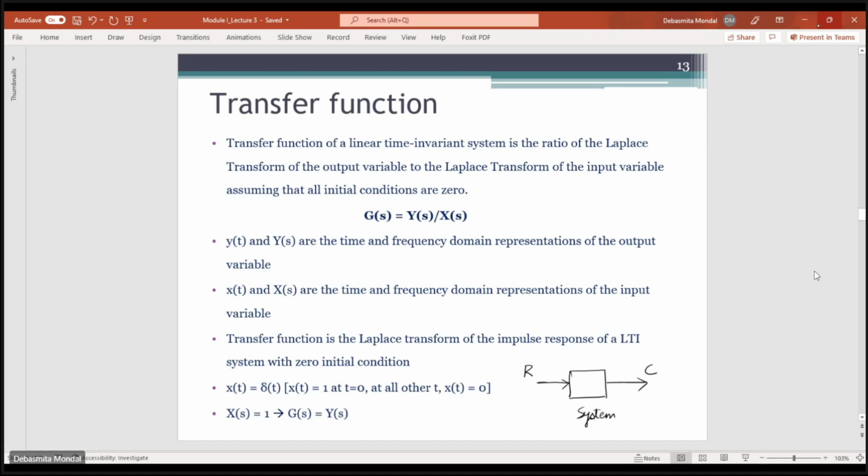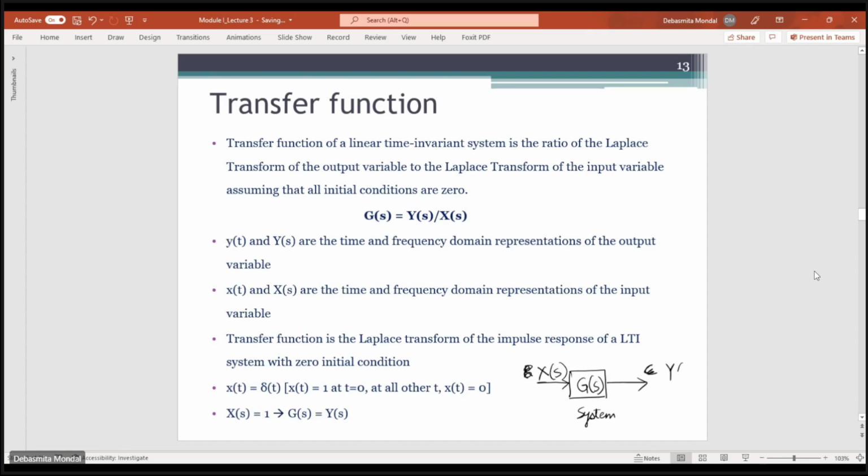So now if I write it, let's say, at par with this equation, if you have Y as your output and X as your input, and you take the Laplace transform of this output function and similarly the Laplace transform of the input function, then Y(s) by X(s) will give the transfer function. So this will be represented by G(s).